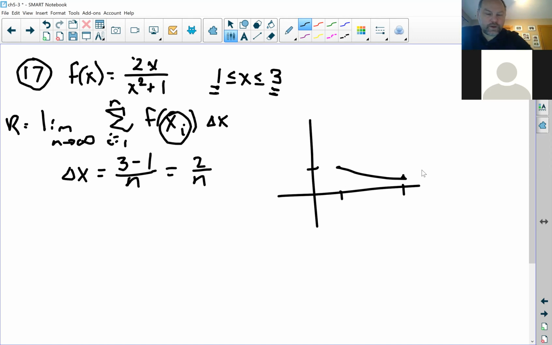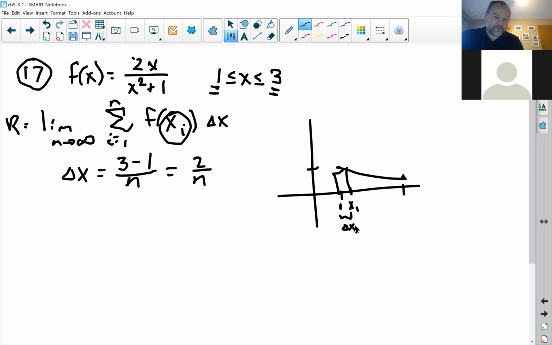So for right-hand endpoints, if this is my x sub 1, I know that it starts at 1, and the distance between them is our delta x.